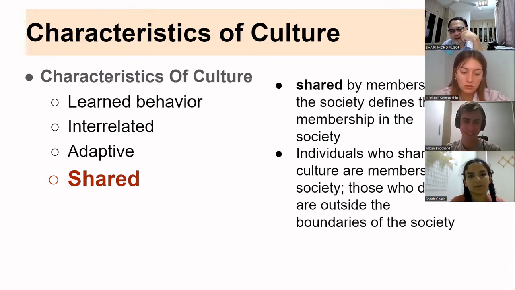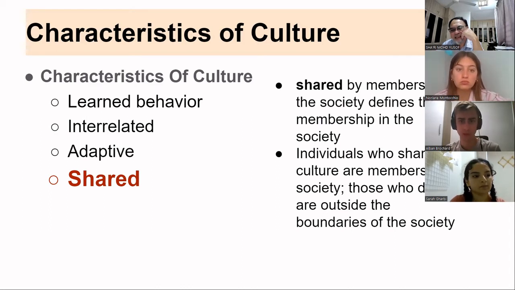So what do you do in the morning? In the morning of Christmas, we open presents and gifts. Is it only your family or the neighbors' families too, everyone having that occasion of opening presents? Yeah, everyone in France, I think. Almost. So that is the practice that is shared by members of the society.